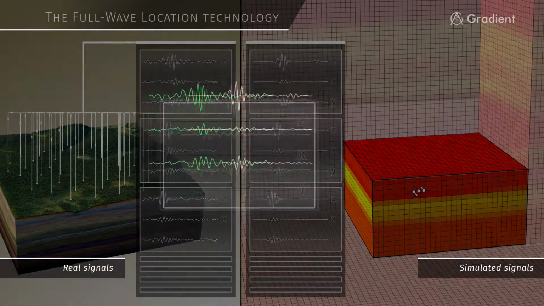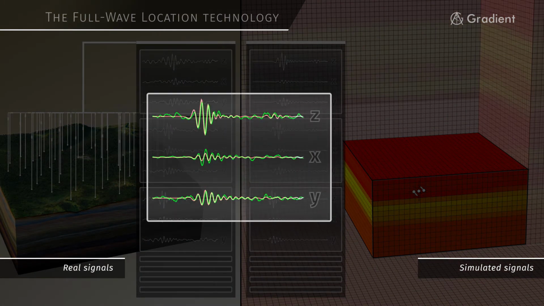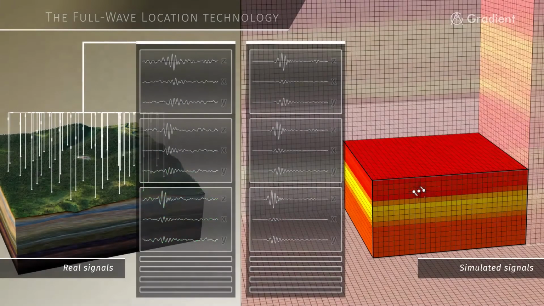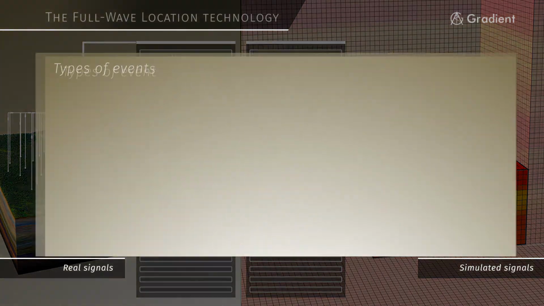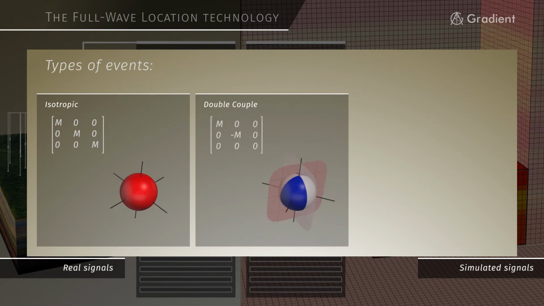In case of good overlapping of signals, the event is detected and located, and the seismic moment tensor is identified. The assessment of the seismic moment tensor provides a possibility to identify the type of deformation, an isotropic deformation, a double couple, a tensile crack, and others.